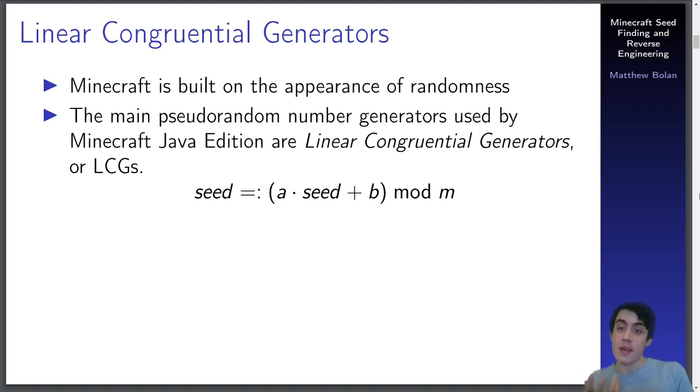And in particular, the Minecraft developers chose, well, at least in the Java edition of the game, chose to use sort of the default Java solution to pseudo-random number generation, which is a type of pseudo-random number generator called a linear congruential generator.